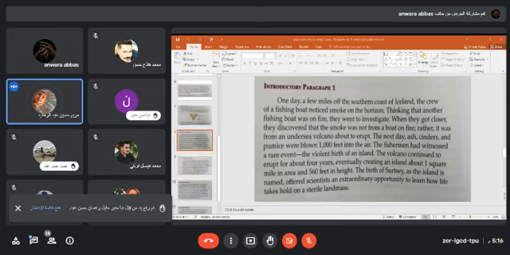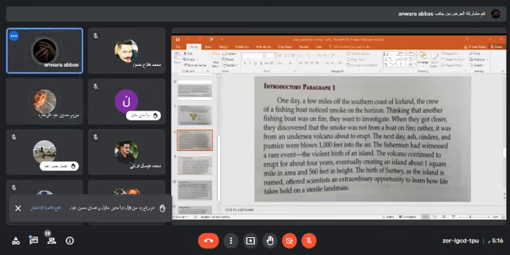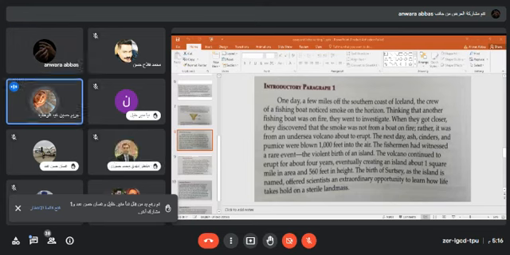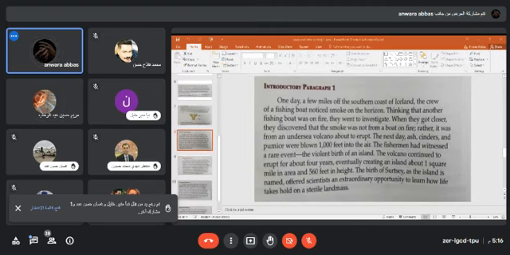They went to investigate. When they got closer, they discovered that the smoke was not from a boat on fire. Rather, it was from an undersea volcano about to erupt.